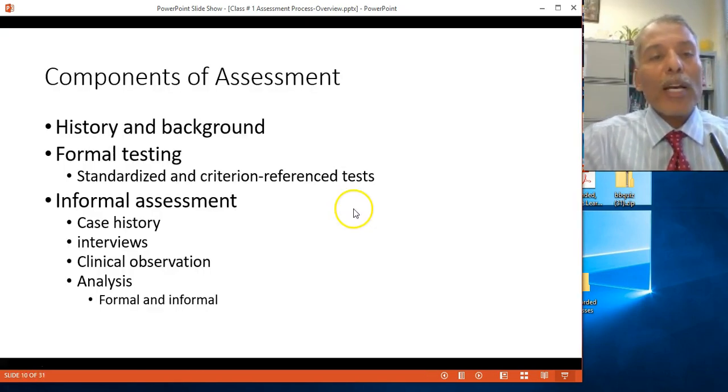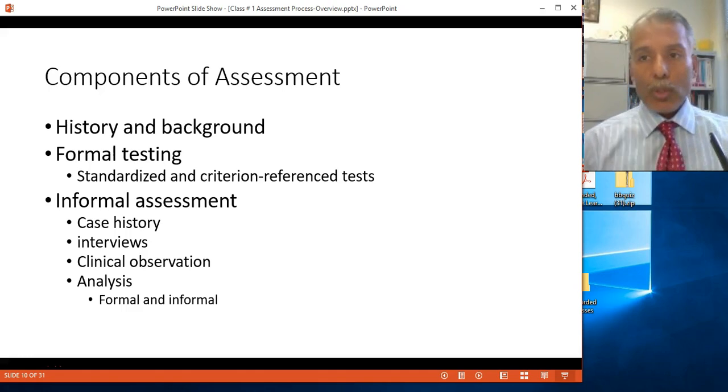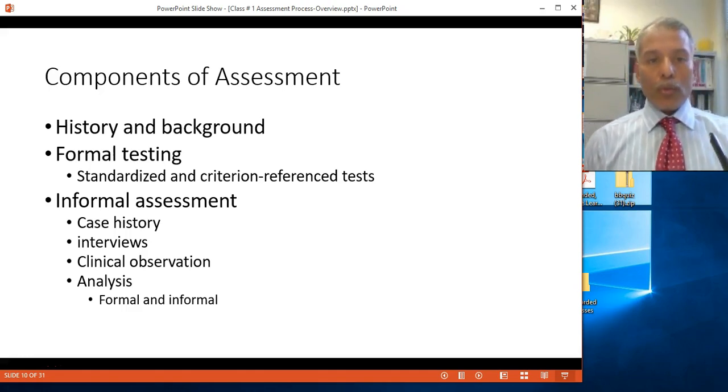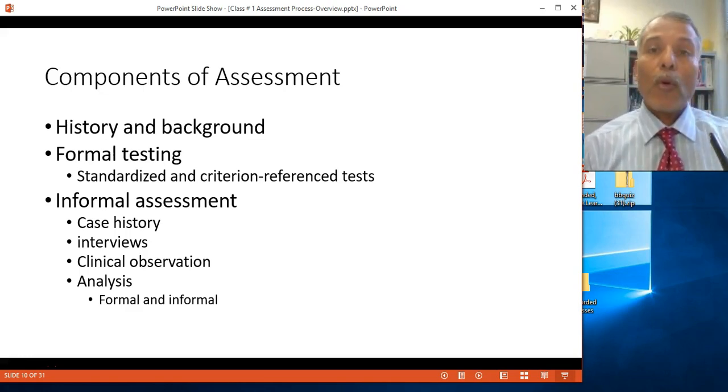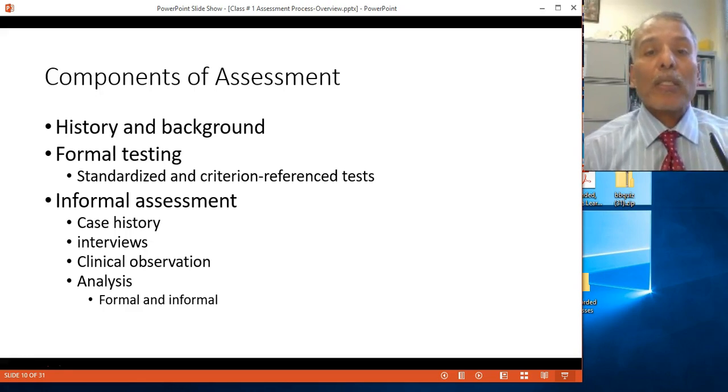So the components of the assessment include case history and background information that you collect about the patient or the client. This is the background and history you collect before you see the person. And then the formal testing involves standardized assessments and sometimes criterion-referenced tests.